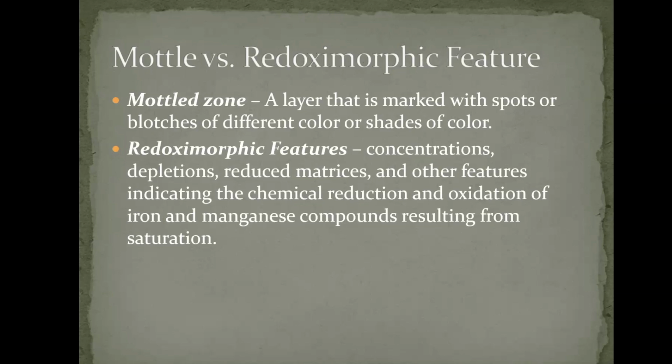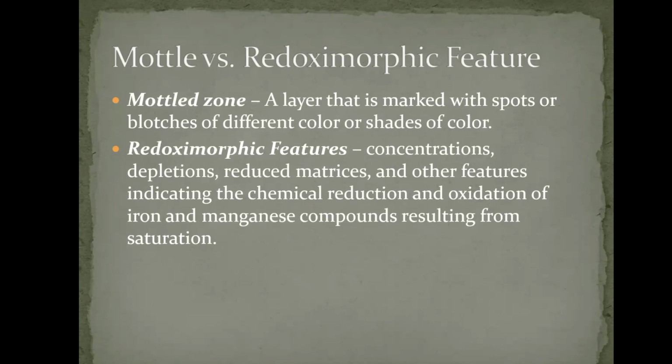A redoxymorphic feature is a concentration, depletion, a reduced matrix, or other features indicating chemical reduction and oxidation, and actually it should be an or, of iron and, another and or, manganese compounds resulting from saturation. So redoxymorphic features are mottles, but not all mottles are redoxymorphic features.